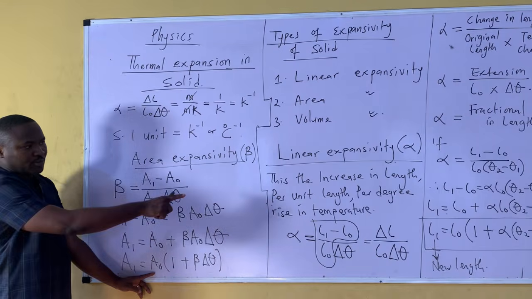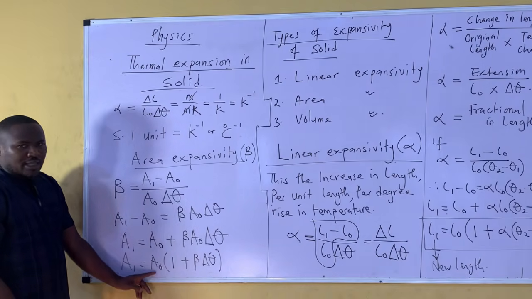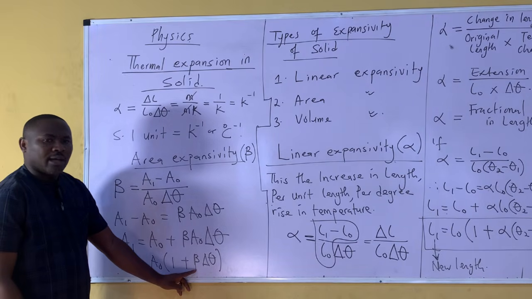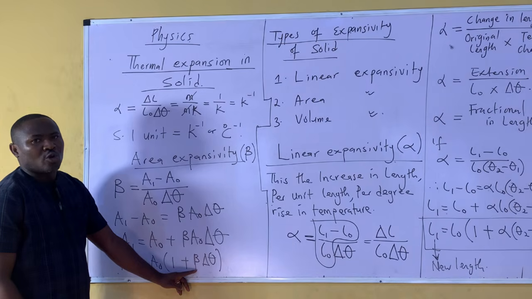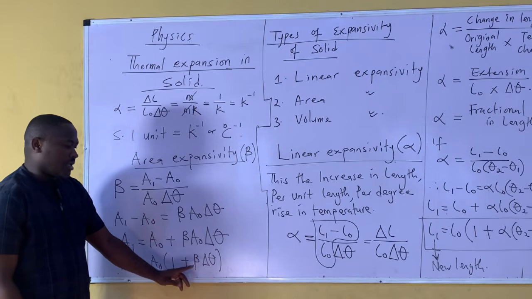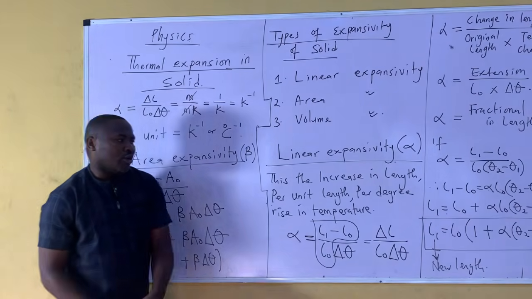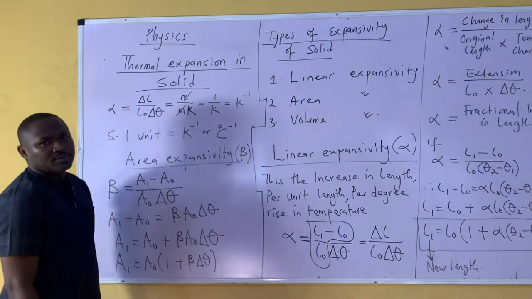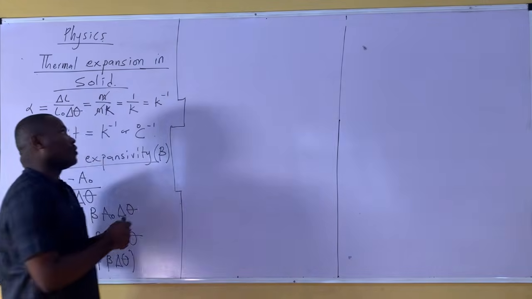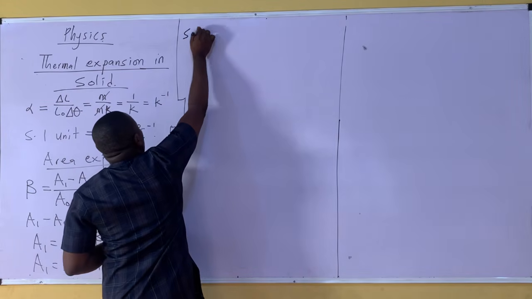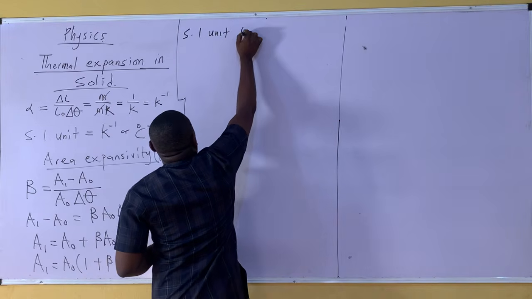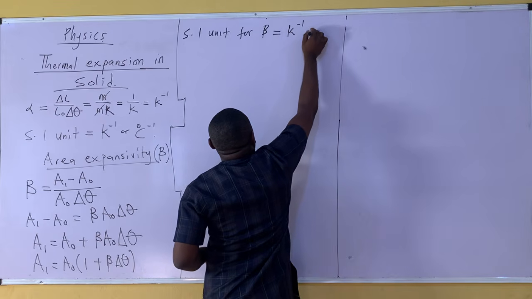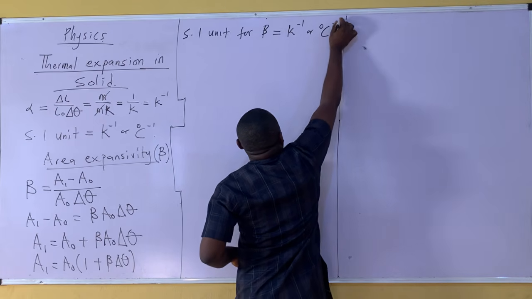My L naught is being changed with A naught, that is my original area, while my alpha is now being replaced by beta, my area expansivity, which is also called superficial expansivity. Now take note, the SI unit for area expansivity is still per Kelvin or per degree Celsius.